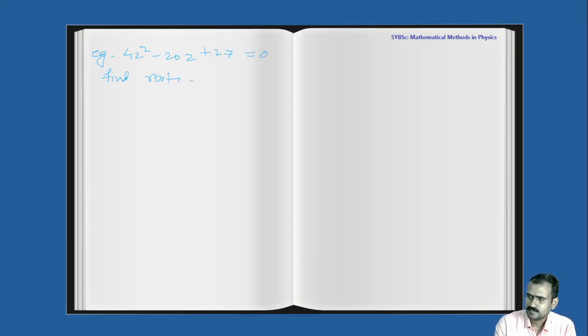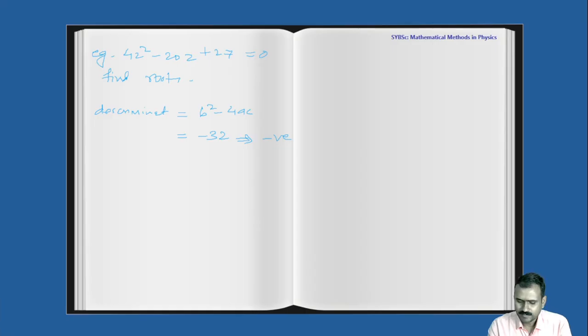So we can find the discriminant value, b² - 4ac, by putting in the values. It will be -32, which is negative.